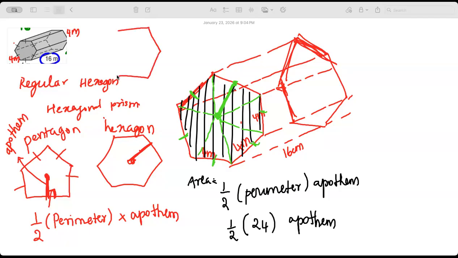The best part of the regular hexagon is that at the center, what type of triangles are these? Equilateral. If they're equilateral, what does it mean?